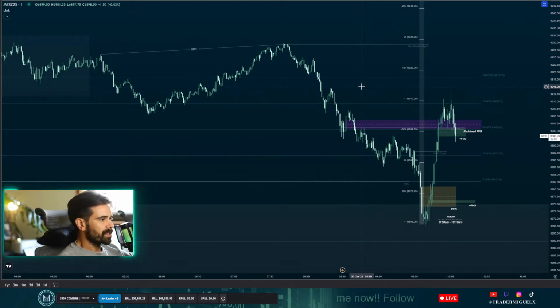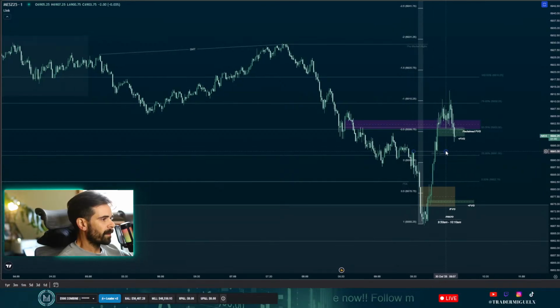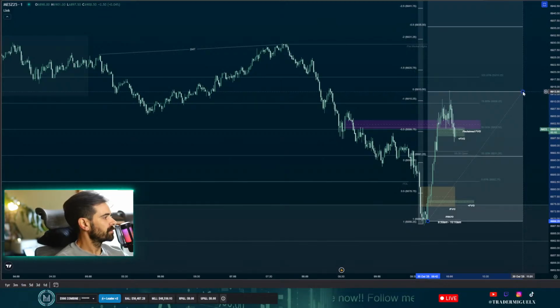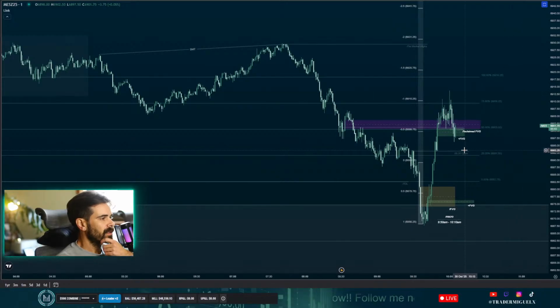Seems like a retrace is on the way. Let's see if 930 will eventually hold, because for a retrace to equilibrium, it needs to retrace at least until 930.